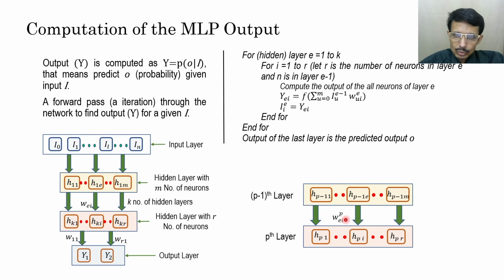We already discussed that from the (l-1)th layer to the lth layer, the associated weight is W. This is the basic understanding of computing the output of a multi-layer perceptron.